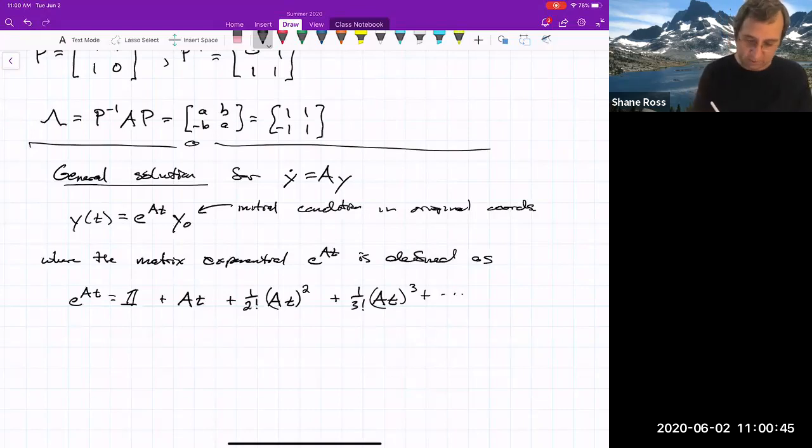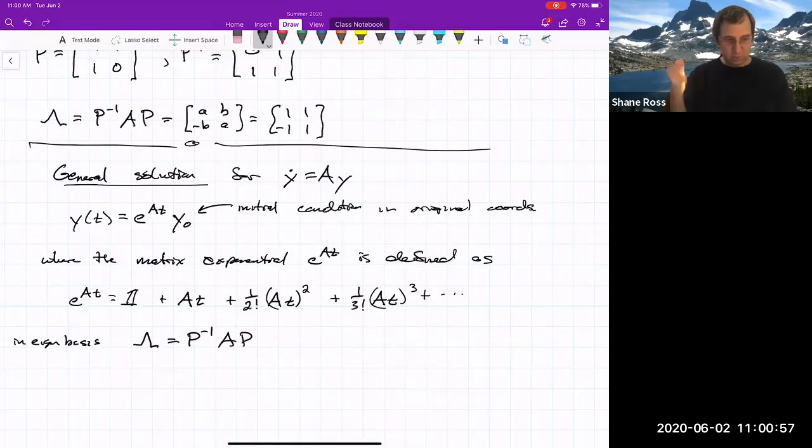What if we do the eigenbasis? So in the eigenbasis, remember lambda is P inverse A P, which we can reverse this and say that A is P lambda P inverse.